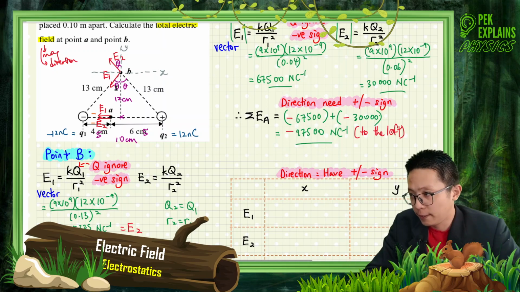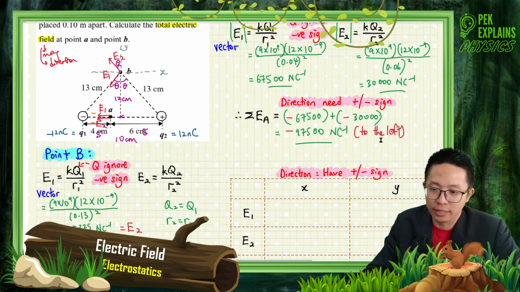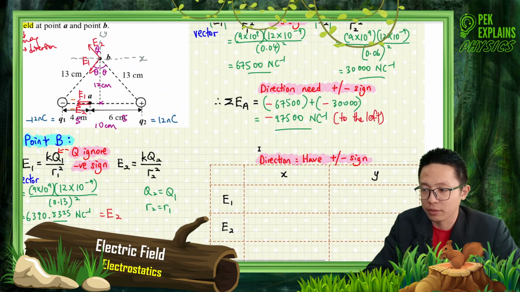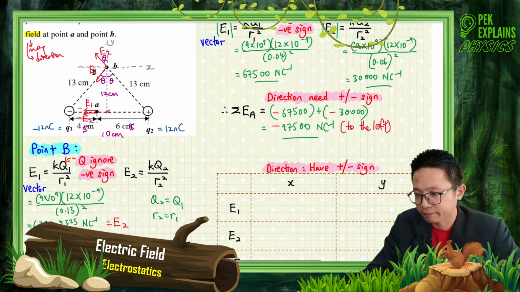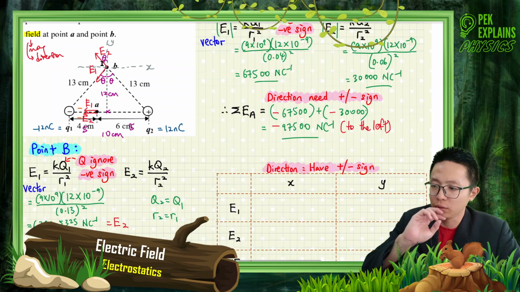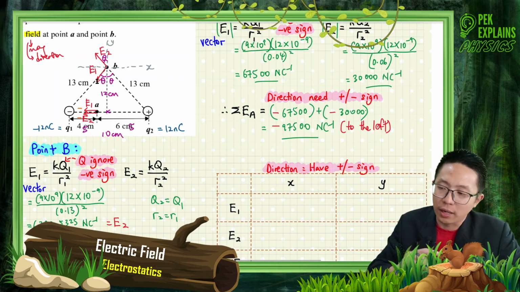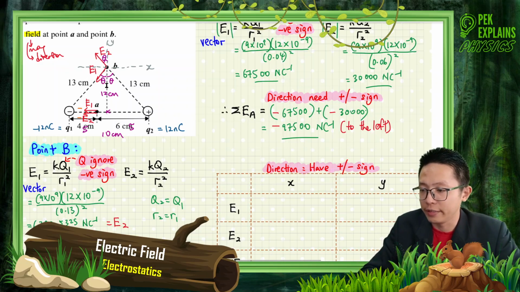So now the direction. Direction has positive and negative signs, so be careful. Now for E1 and E2, what's the direction? Let's look at E1. E1 is to the left and downward.